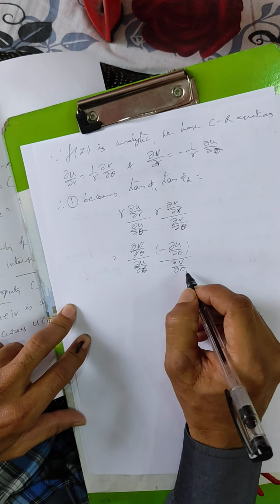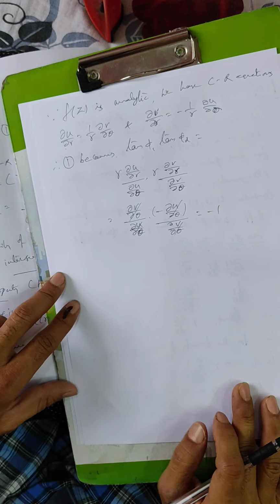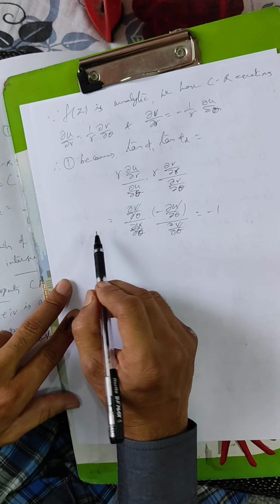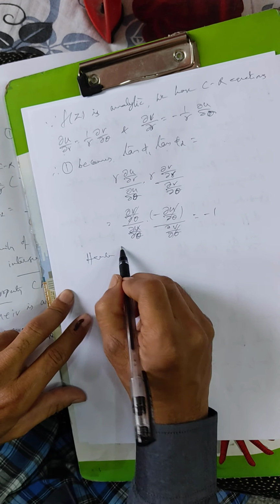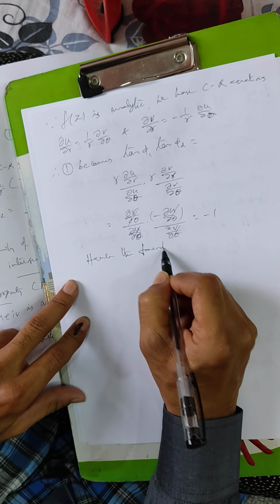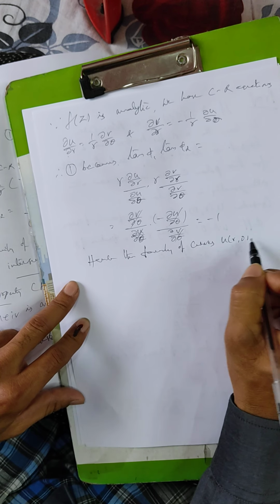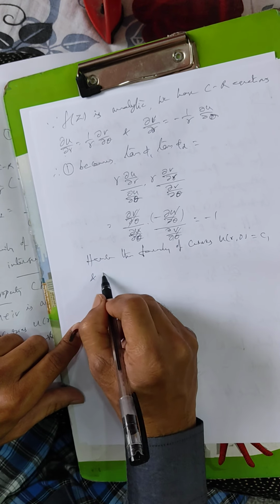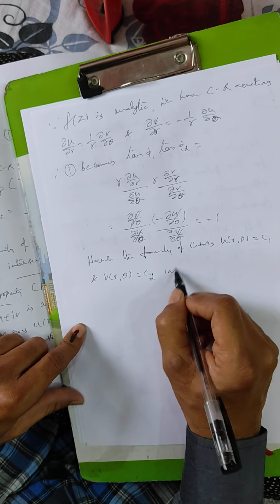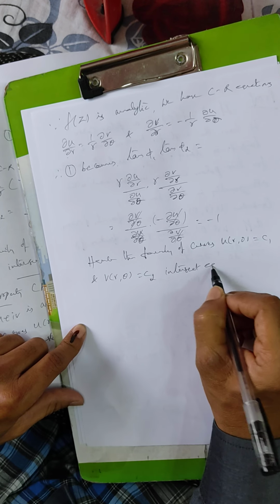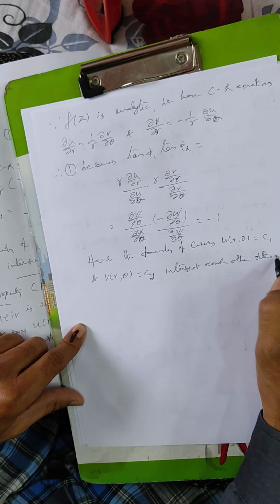So ∂v/∂θ and ∂u/∂θ get cancelled, and that is equal to minus 1. So since tan φ1 into tan φ2 is equal to minus 1, hence the family of curves u of r comma θ is equal to c1 and v of r comma θ is equal to c2 intersect each other orthogonally.